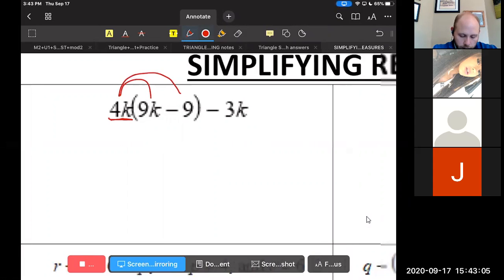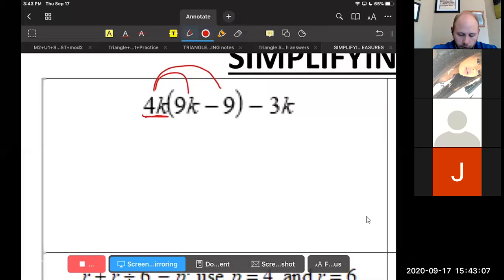So I know it could be weird when you're multiplying variables, but we'll get through it, okay? First thing you just want to multiply is the numbers. So 4 times 9 is 36. And then when you multiply variables, you kind of essentially create exponents, okay? Since I have a k times a k, that's 2 k's, so we put a 2 in an exponent, okay?